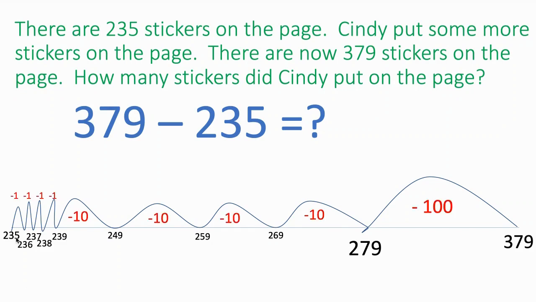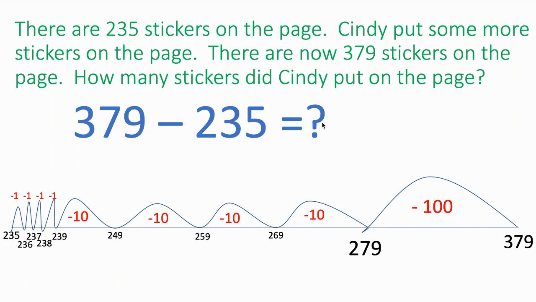So let's look at all of these because this right here in the red is what our answer, our result is going to be. How many stickers she had to put on the page. The difference between 379 and 235 is going to be our answer.